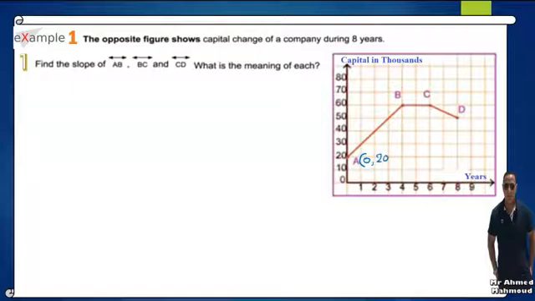Point B is 4 and 60. Point C represents 6 and 60. Point D represents 8 and 50.